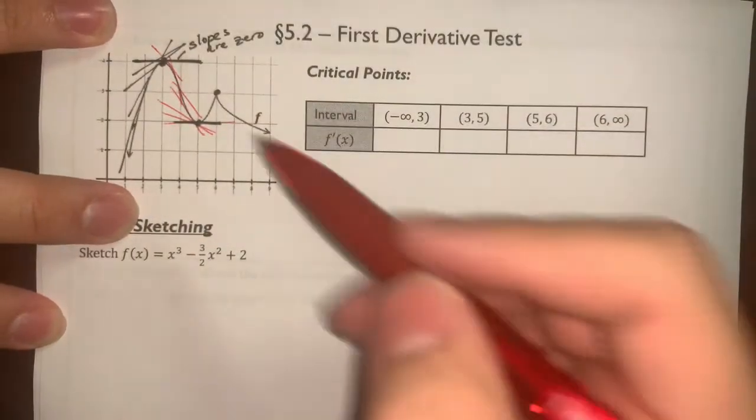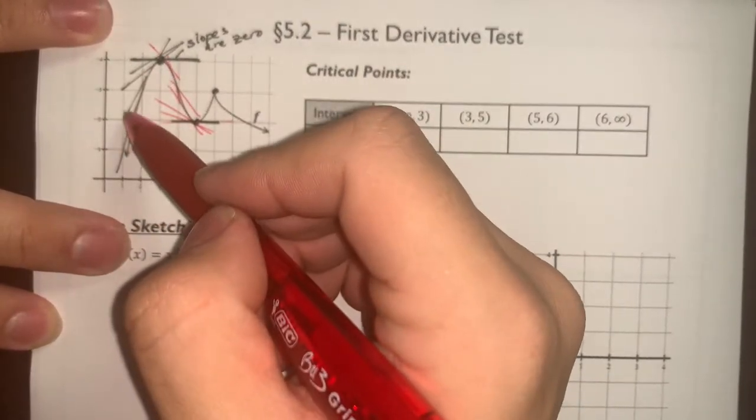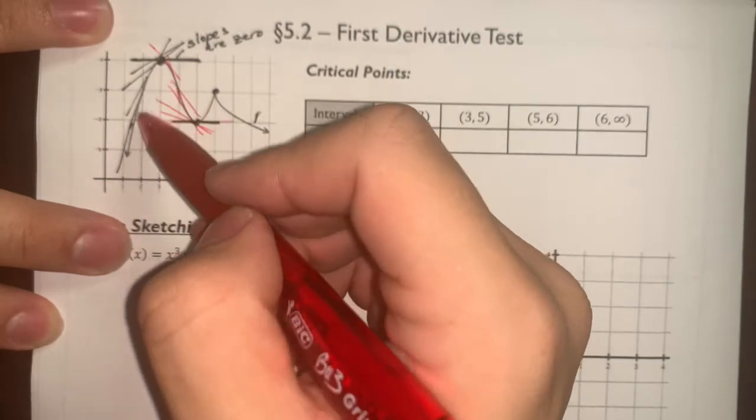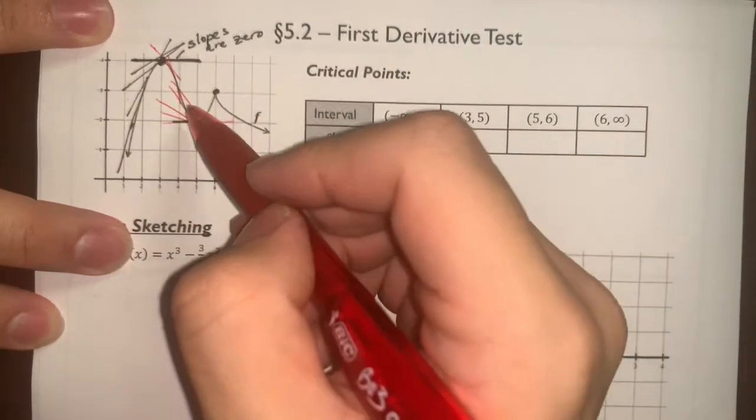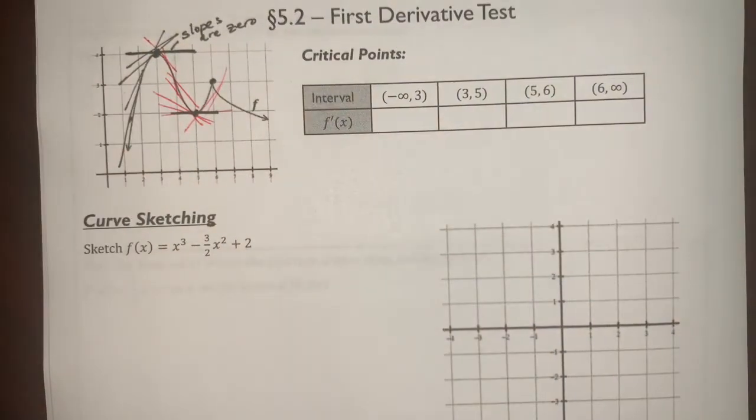So between critical points, a lot of times the slopes are going to change from positive to negative, or in this case from negative to positive. And you're going to use that to understand the behavior of the graph.